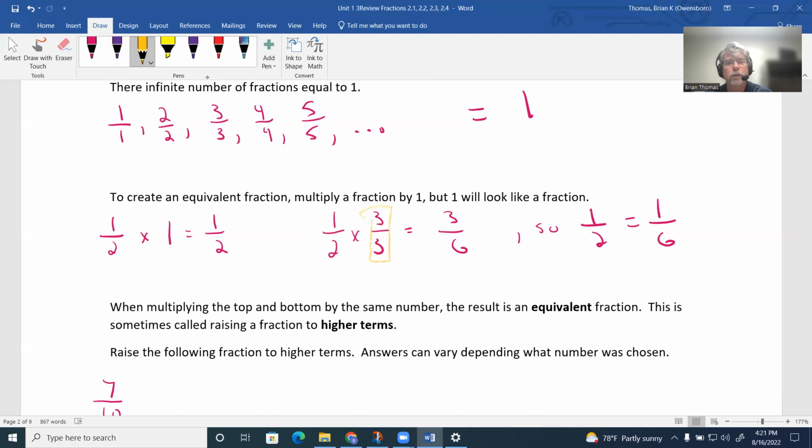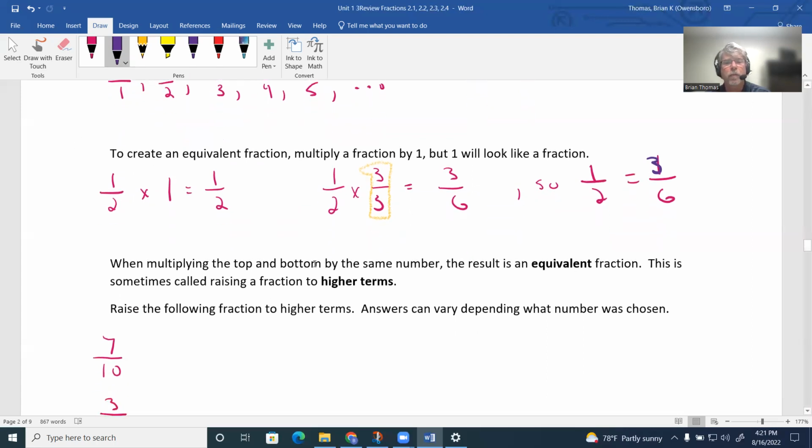Now, if I multiply straight across, this creates what we call an equivalent fraction. So 3/6 is my equivalent fraction. So 1/2, I got that actually wrong. This should actually be 3/6 there. Okay, not 1/6, but 3/6. So 1/2 is the same thing as 3/6. Those are equivalent. They mean the same thing.